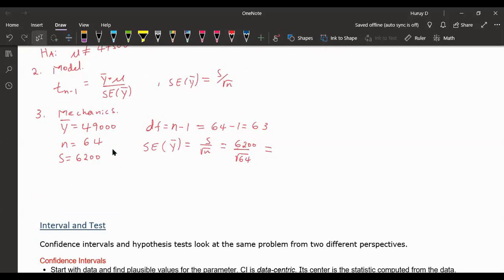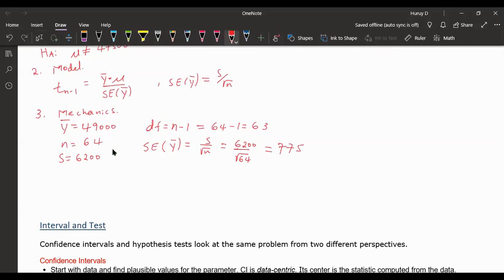And let me use the calculator. I got 775. So this is the standard error of y bar. Do not forget this one. Don't use this one.